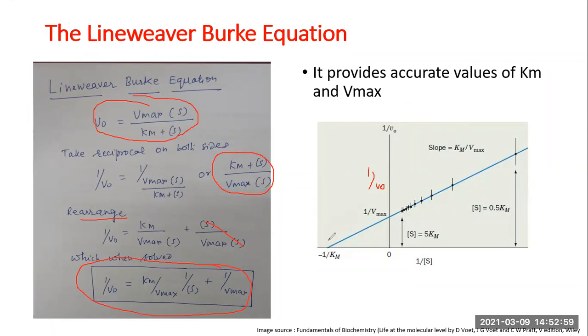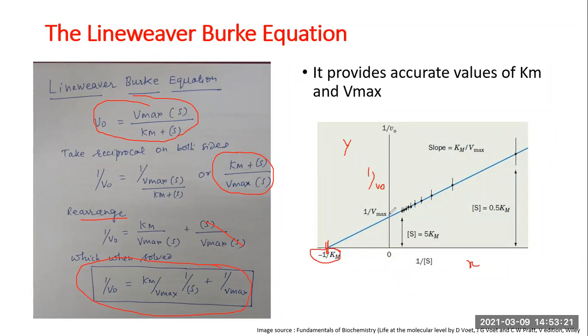So with double reciprocal, you get a straight line. This is the x-axis and this is the y-axis. The intercept of this line on the x-axis is minus 1 over Km, and it will be the exact value of Km. It will not be an approximation.